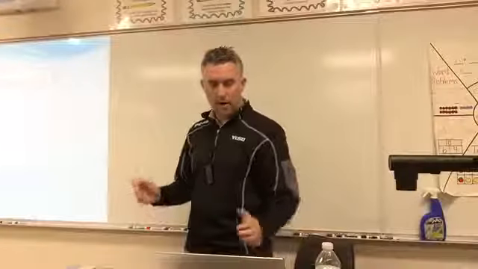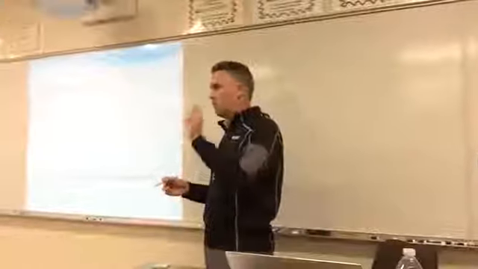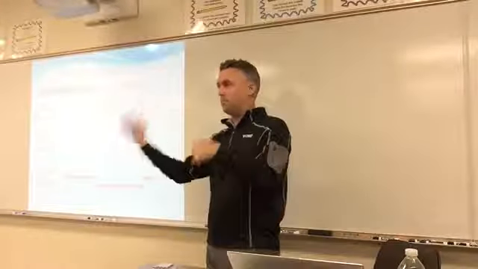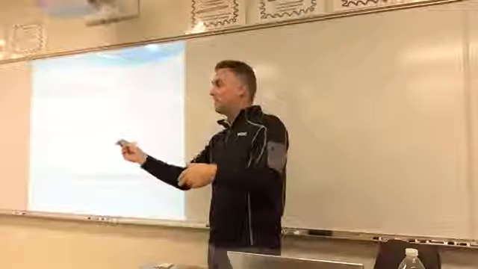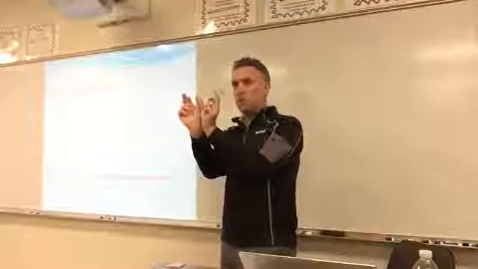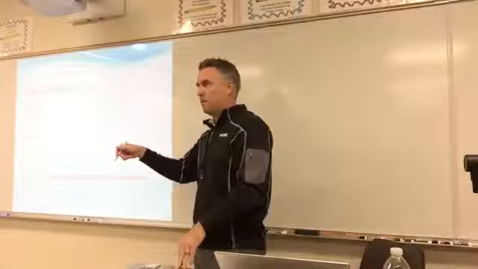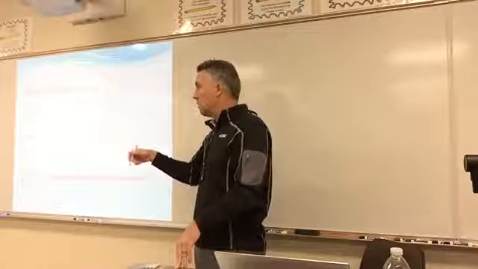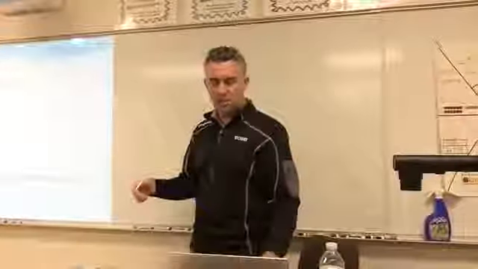Some of you are like, how can a number times itself equal a negative number? Because we learned a long time ago that a positive times a positive is a positive, and a negative times a negative is a positive. So how in the world can I take 2 numbers, multiply them together, and get a negative if they're the same number? It can't work unless we introduce this idea of imaginary numbers, right?